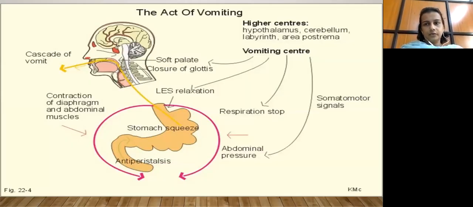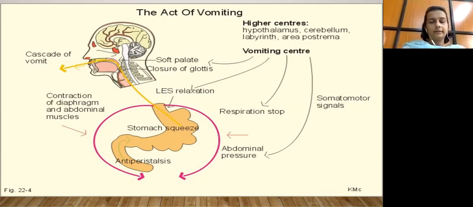This is a slide which shows how the higher centers are involved in the whole act of vomiting. When we go into receptors, we'll talk in detail about where the causes of nausea and vomiting act on receptors in the brain. So we'll be seeing that session. But here, basically, it starts in the vomiting center, which has already got the trigger to start the act of vomiting, and that will send the nerve signals.